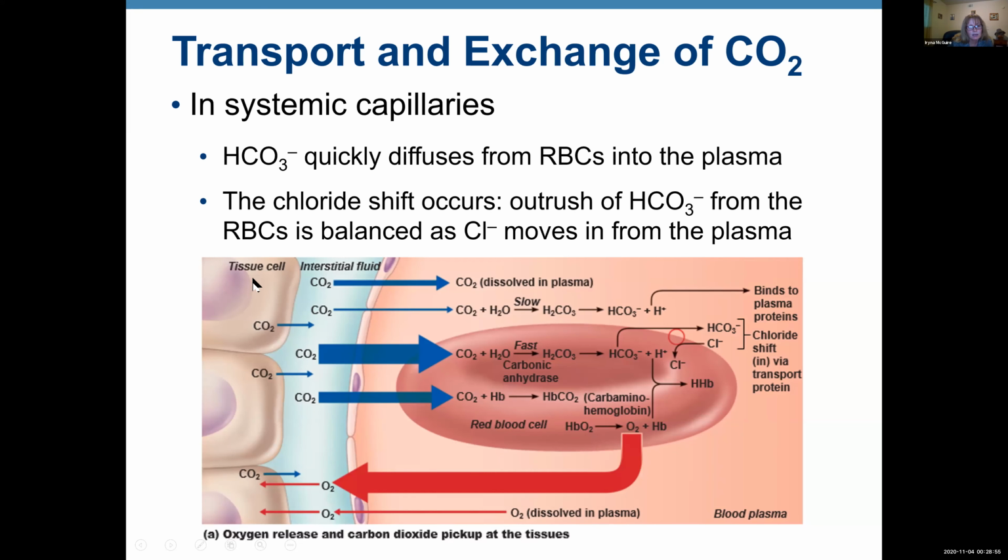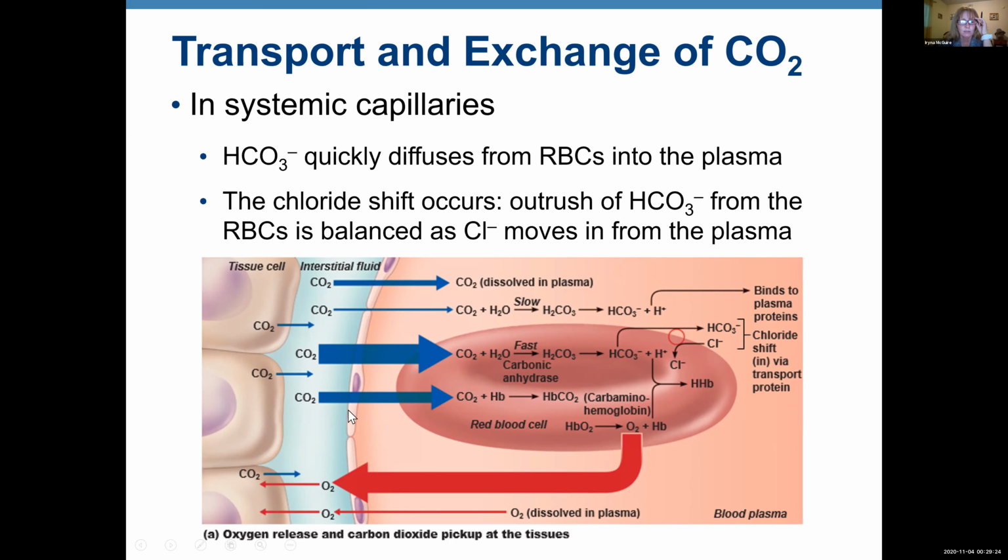Here are the tissue cells. Your tissue cells produce carbon dioxide as a metabolic byproduct, right? So carbon dioxide is produced and now it moves from tissue to the blood. Now in the blood, here's your plasma, here's your red blood cells. Some carbon dioxide is dissolved in the plasma, and some is converted into bicarbonate ions in the plasma, but a small amount.